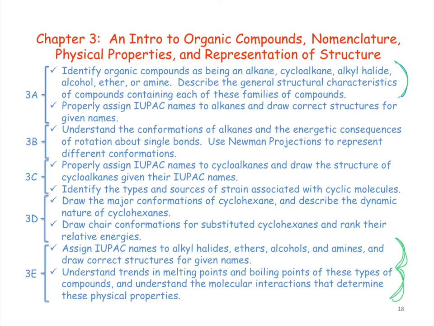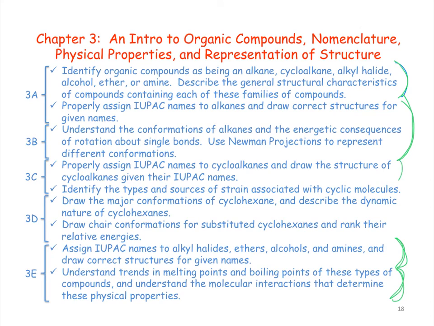We spent a lot of time talking about alkanes. We learned how to name straight chain alkanes, which form the basis for all of our IUPAC naming, and we learned how to name branched chain alkanes as well. We then learned about their different conformations, which are formed through rotations around single bonds.